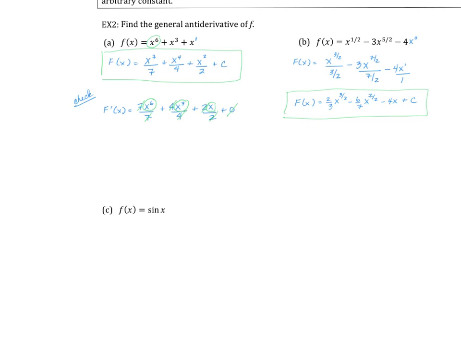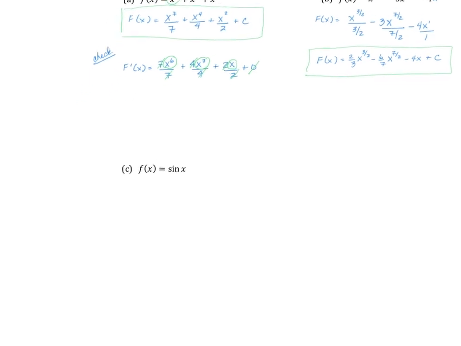So these functions with exponents, or power functions, they're pretty easy to find the antiderivative. But something like sine of x, that's a little bit odd, right? Because it's not simply adding to the exponent and dividing by that exponent. It's not that simple. You have to ask yourself, for what function will I get sine if I take the derivative?